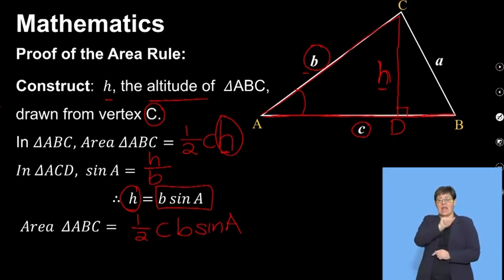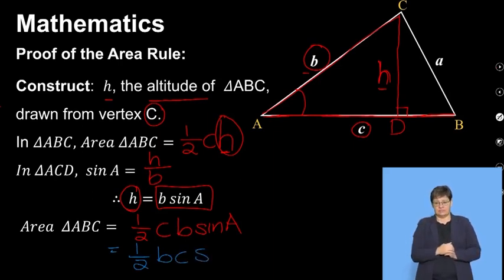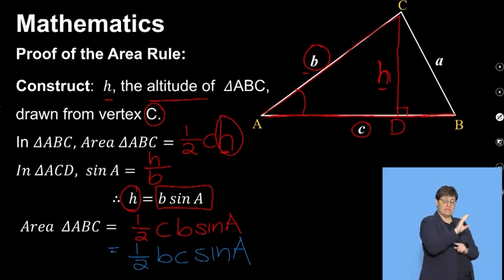We were trying to prove that the area of the triangle ABC is equal to half AB sine C. If we just rearrange this, it's going to be half BC, just to put it in alphabetical order, and something that looks familiar, half BC sine A. So, we've proved one case of the area rule: the area of triangle ABC is half BC sine A.